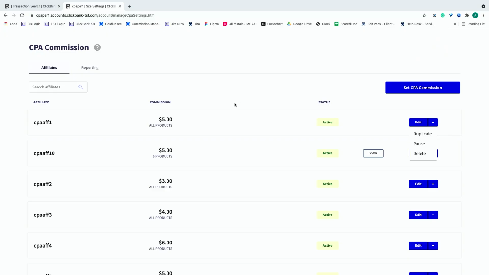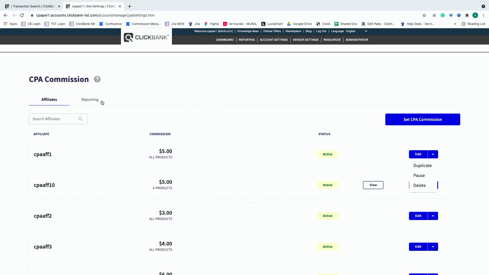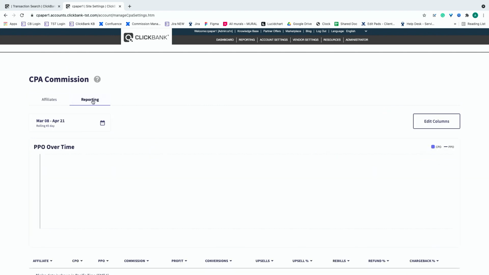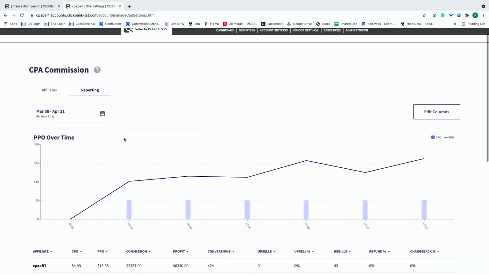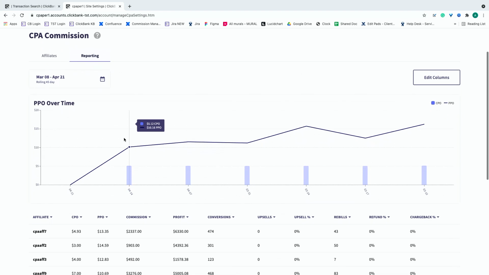And then the next step, after you've set these CPA commissions for your affiliates, is you can monitor their performance. We have this reporting that's available. Data, yes. A girl's best friend. There's graphs. Okay, sweet. Yes.